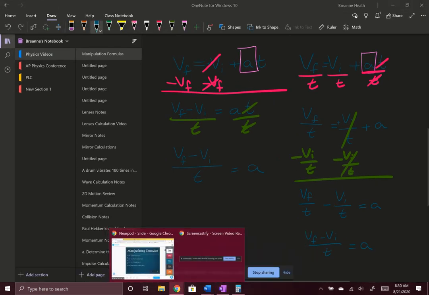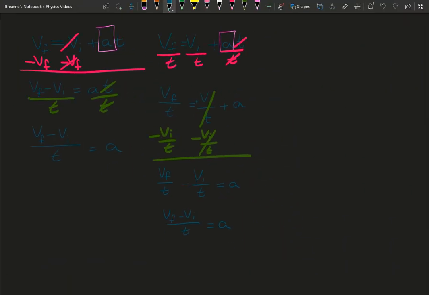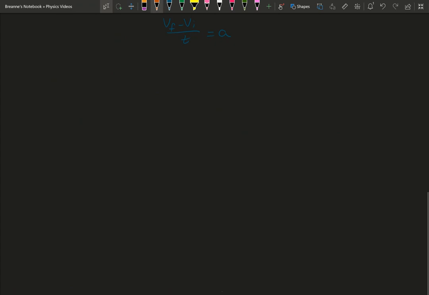So what's another practice problem we can do? Ooh, this big formula. That's a big formula. Let's see if we can do it. So this is a force of gravity equals your gravitational constant times mass 1 times mass 2 over the distance between the two center masses squared.